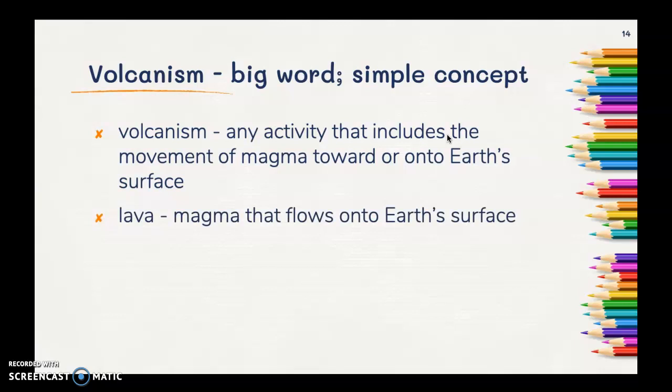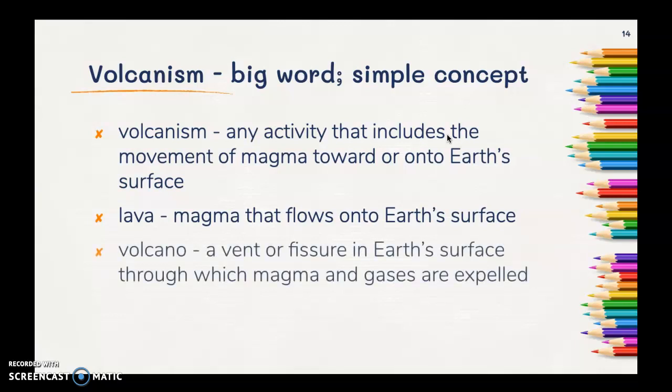2 other terms you should know. Lava is magma that flows onto Earth's surface. It's not fair, I don't like it, but science has 2 different words for the same stuff. Magma while it's below ground, lava when it flows out of a volcano and is on Earth's surface, above ground. Oh, and I used the last word, volcano.